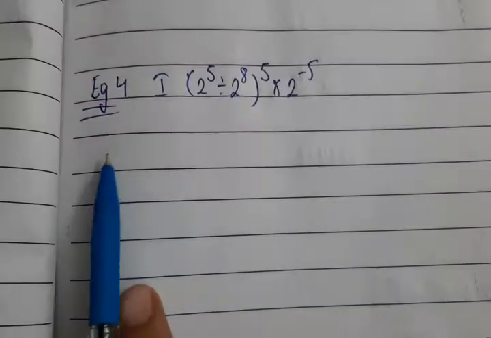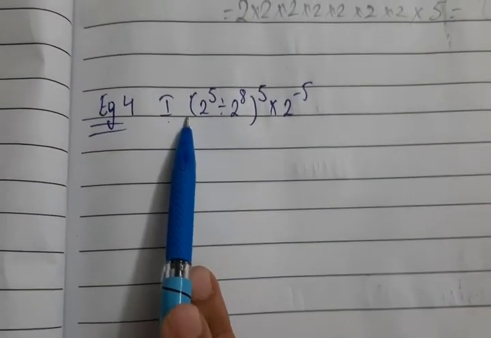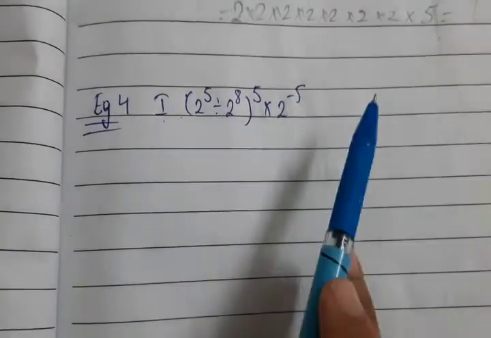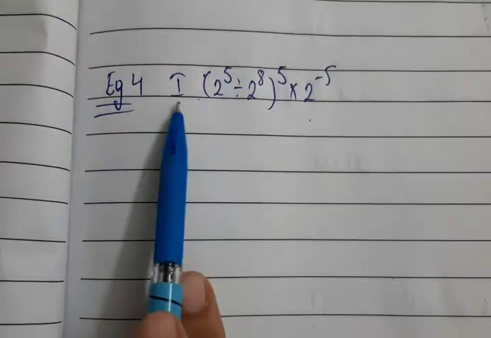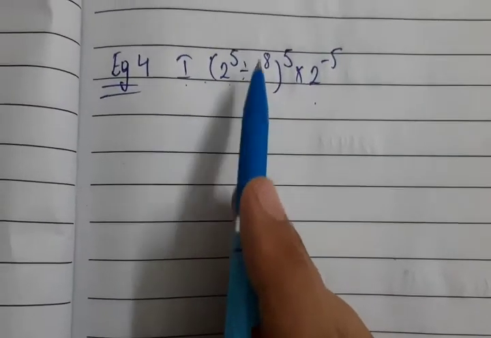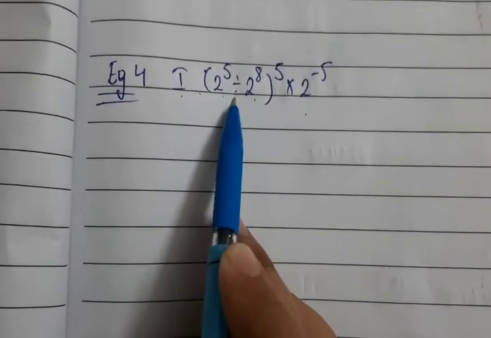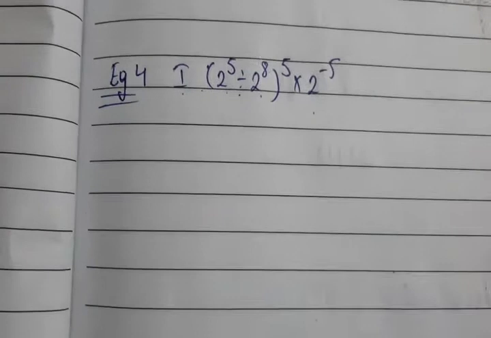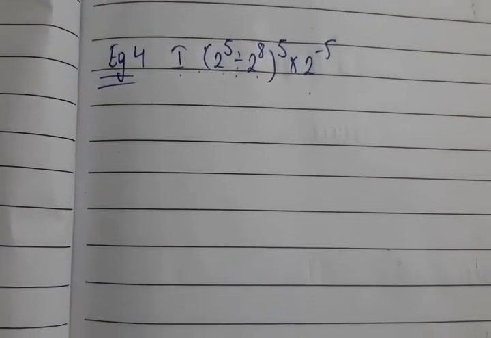Understand? Now let's come to the next example. Example 4, first part. Simplify and write the answer in exponential form. Firstly, we will solve these brackets. In the bracket, the base is the same, the power is different and the sign is division. Which law will we use? The second one: a raised to power m divided by a raised to power n is equal to a raised to power m minus n.